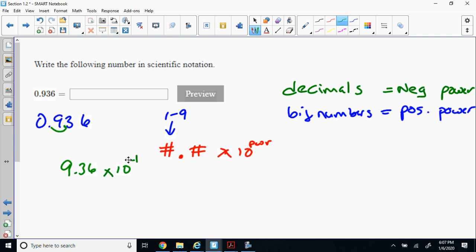Small to big means a negative exponent. If it's a big number, when you put it in scientific notation, the exponent is positive. I know, it's going to mess with you.